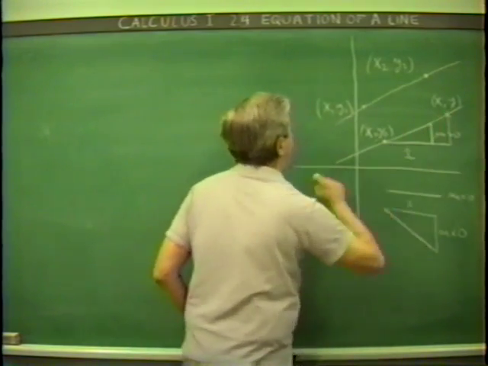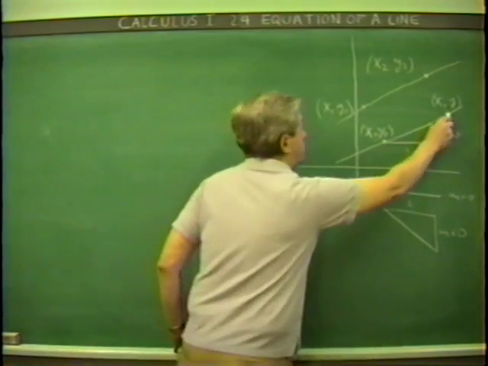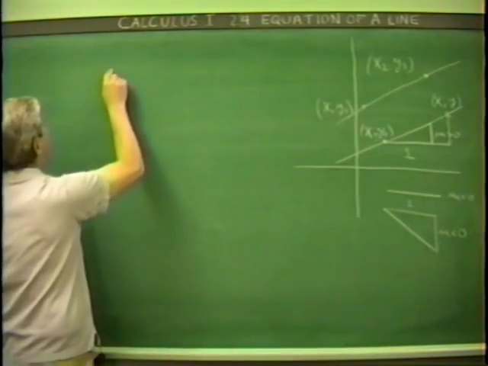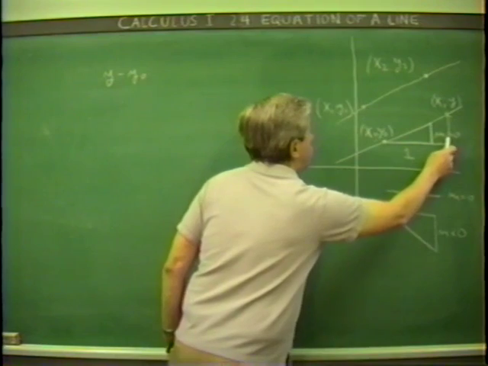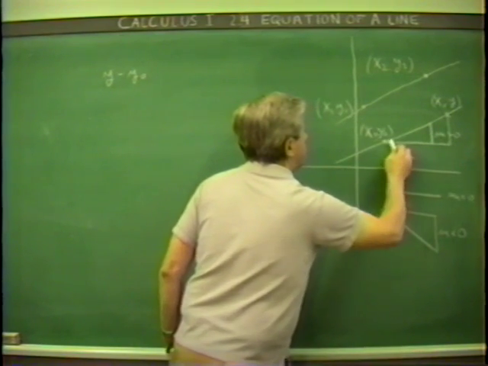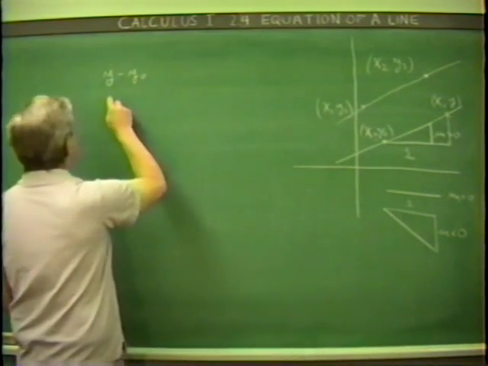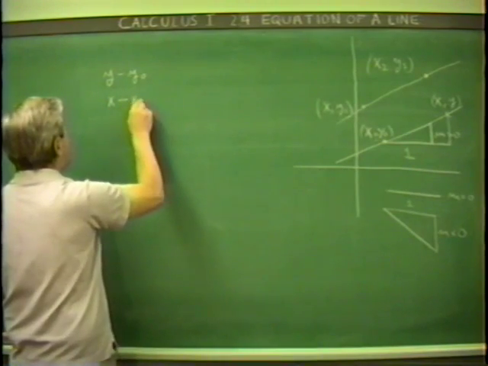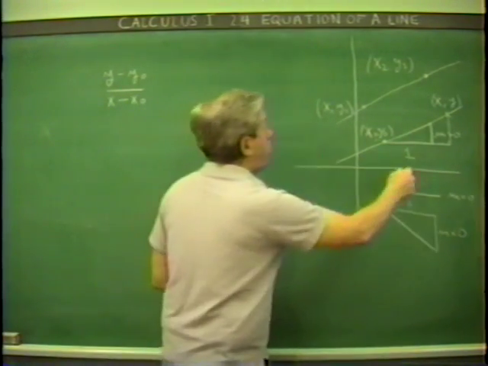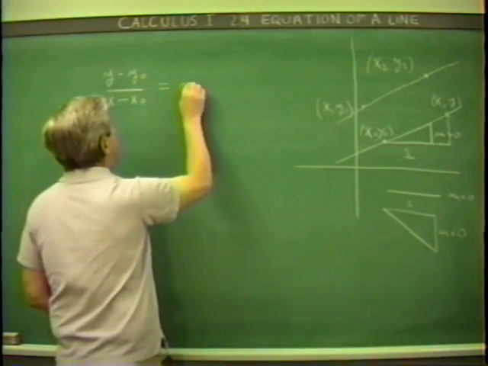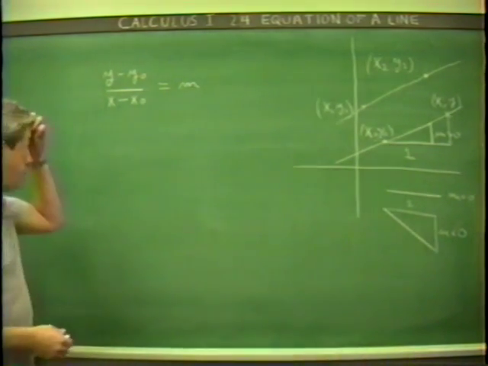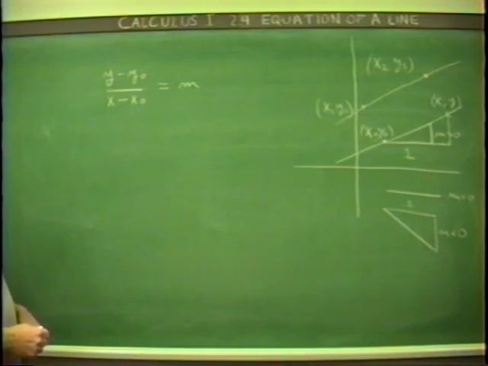That's to say that this distance, y minus y naught, to this distance, x minus x naught, must be proportionate to m to 1. That's to say, must also compute the slope. Right?